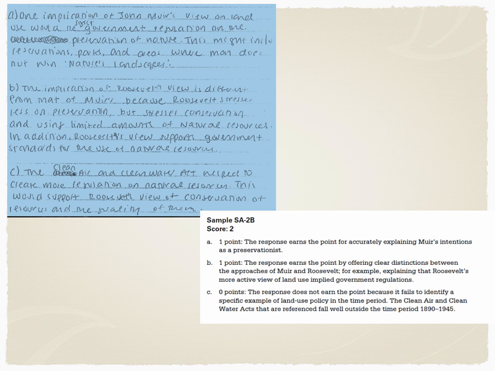And then Part C, the student sadly did not get this point because the student used a piece of evidence that was not a land policy. The student used the Clean Air and Water Act, and that would not be the kind of support that the readers are looking for because we're talking about land policy.